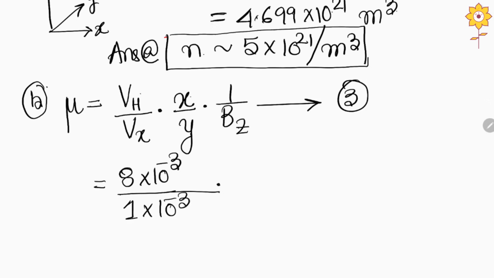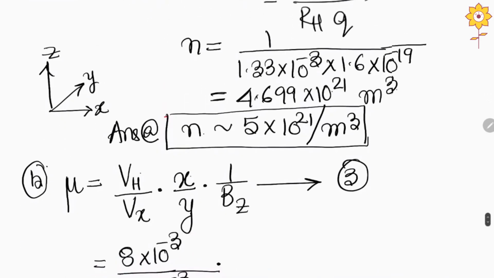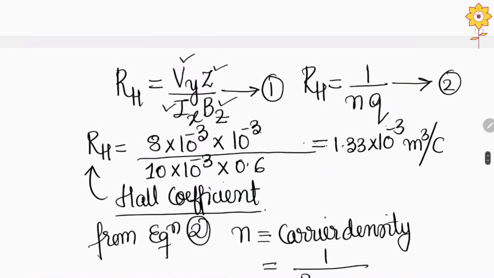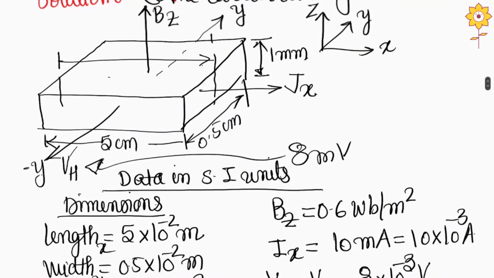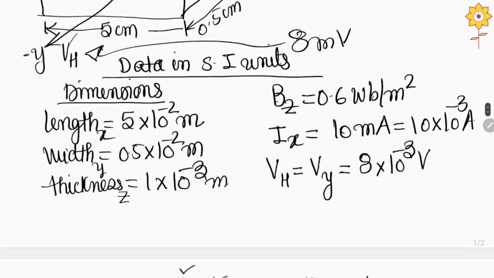Now, into X. X is the length, the dimension that I have taken along that direction, so that is going to be 5 into 10 raised to minus 2.